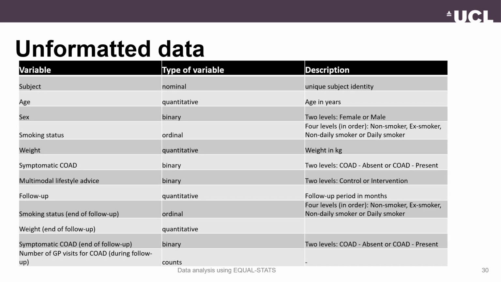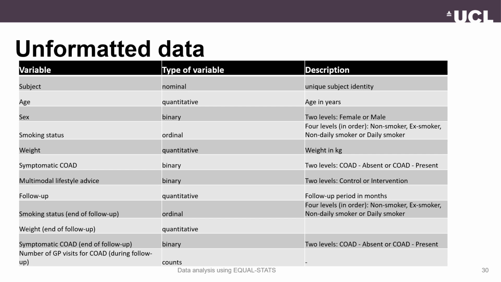The file unformatted data, available as part of the download from zenodo.org, contains observations on 500 participants in a hypothetical trial comparing multimodal lifestyle advice versus standard care in a population.